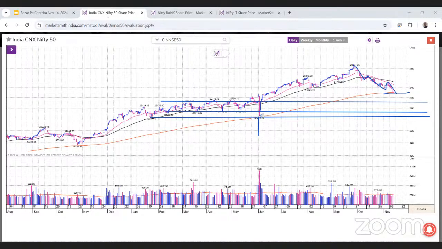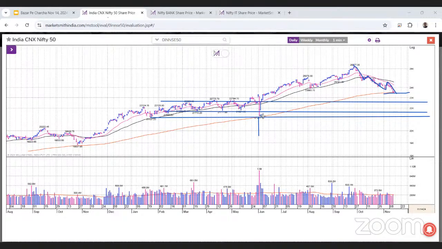this Nifty 50 slips below the 200 DMA and remains sustainably traded below it, then this short-term correction that has extended over the last 7 weeks may extend for many months in the coming months also. If it remains traded below the 200 DMA, then I can say all the targets may be achievable.